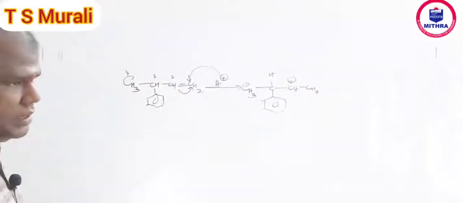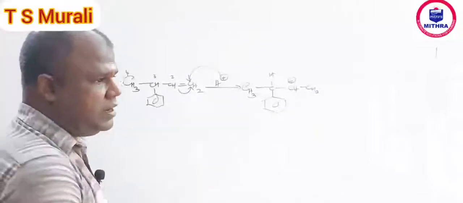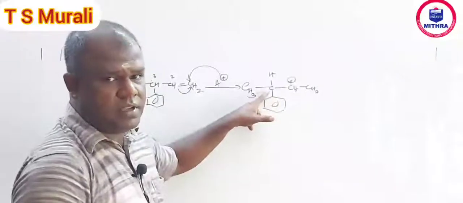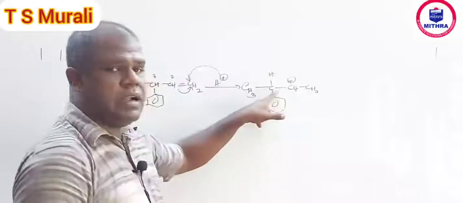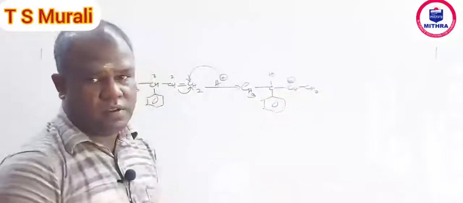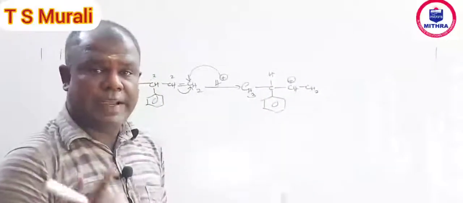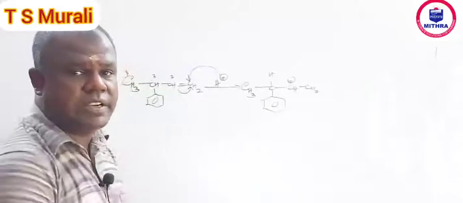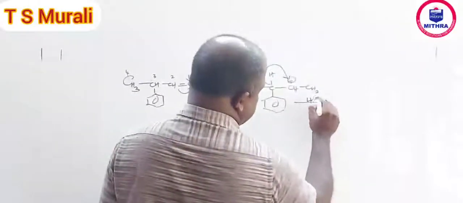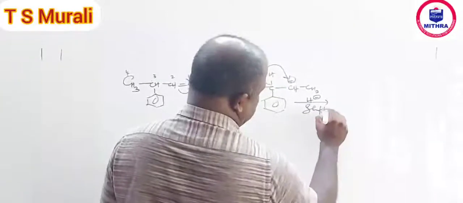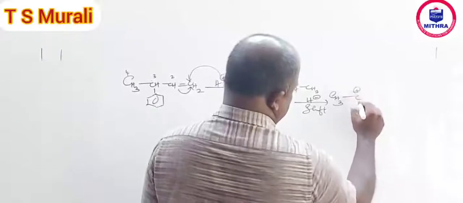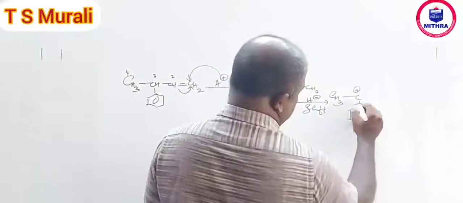But here there is a rearrangement once again. See, this is a secondary carbon and this is a tertiary carbon. Also, benzyl carbocation formation is possible when this positive charge shifts here. Compared to secondary, benzyl is more stable. So again one more H is shifted as H minus, a hydride shift happened. So the intermediate has this structure.